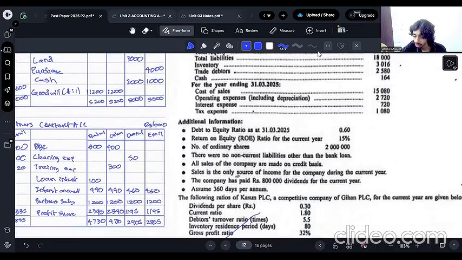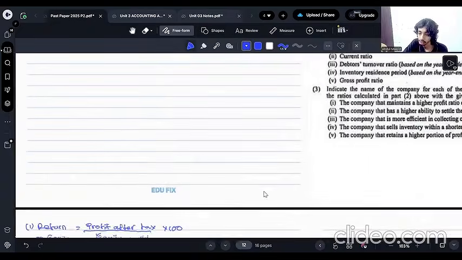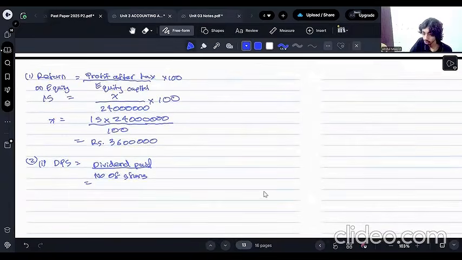So here the company has paid 800,000 dividend for the current year, and there are 2 million shares. Then it's gonna be 800,000 dividend paid divided by 2 million shares. It's going to be rupees 0.4 per share. Okay.